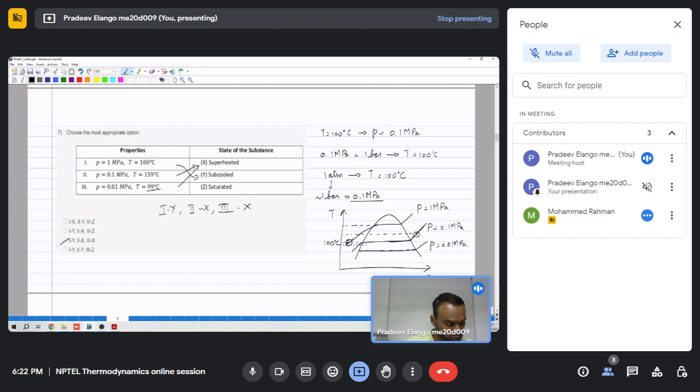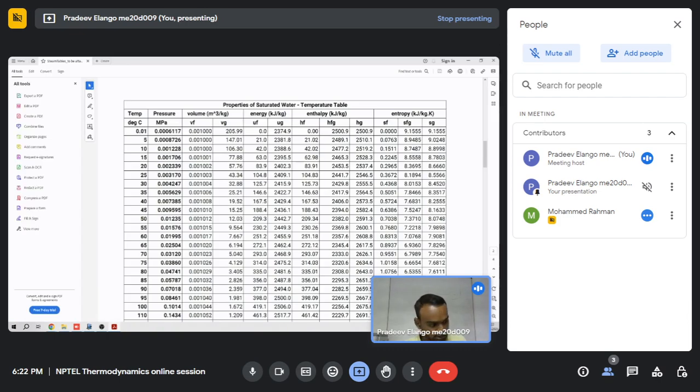So that means the state 0.01 megapascal and 99 degrees Celsius will again be on the right side of the vapor dome. So this is also superheated. If you have some confusion, you can also check it in the table.